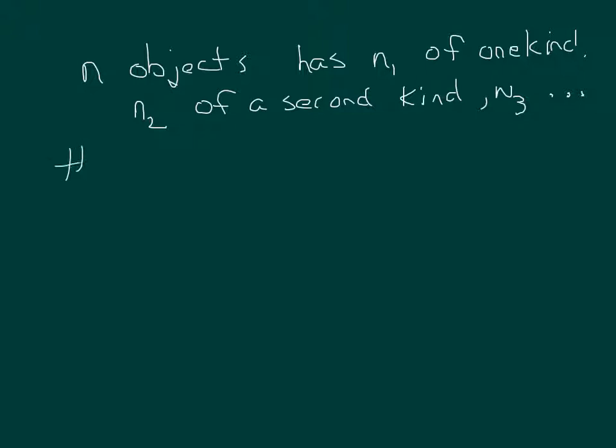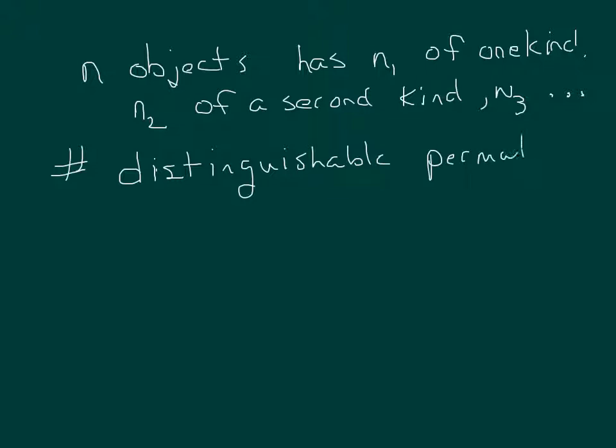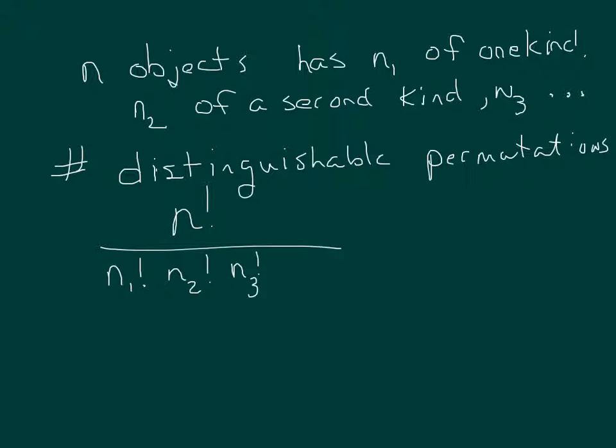The number of distinguishable, or distinct, permutations is n factorial over n sub 1 factorial times n sub 2 factorial times n sub 3 factorial, all the way down to however many kinds you have.